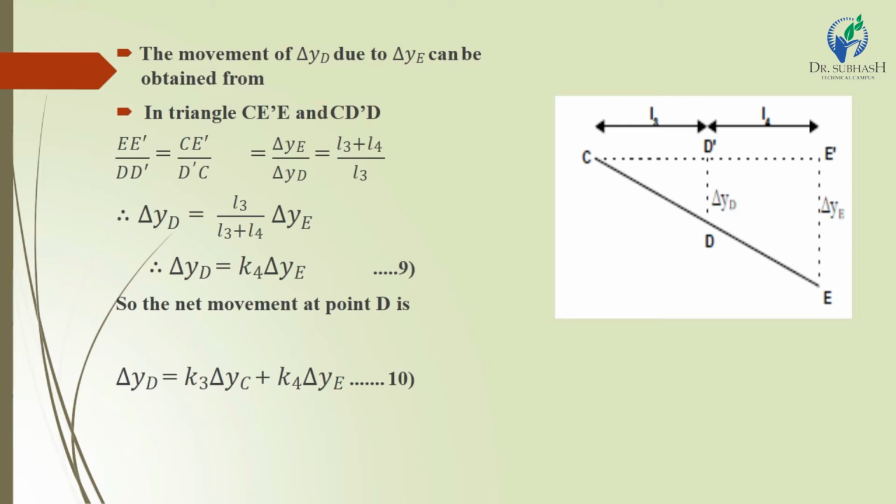The delta YD is equal to L3 upon L3 plus L4 into delta YE. So we can write equation number 9: delta YD is equal to K4 into delta YE. So the net movement at the point D is delta YD is equal to K3 into delta YC plus K4 into delta YE. This is known as equation number 10.